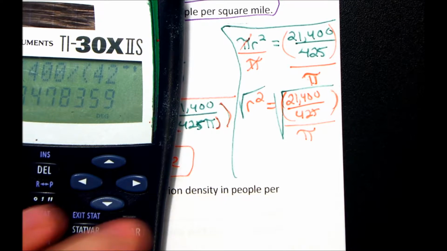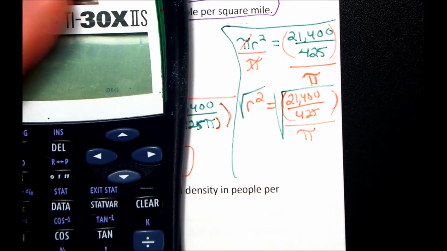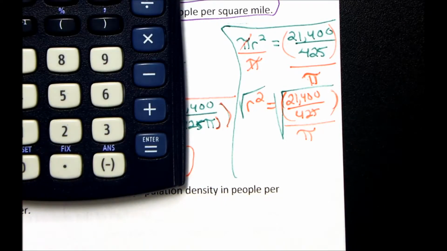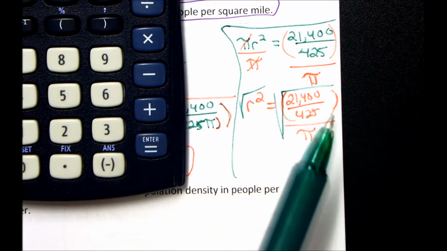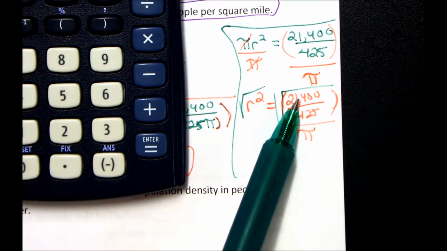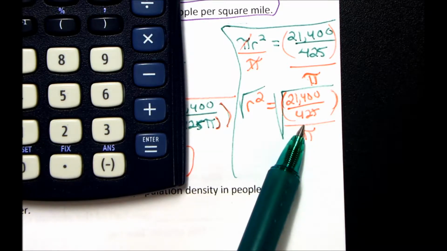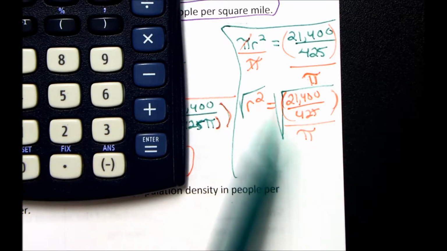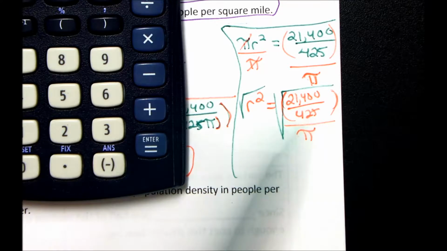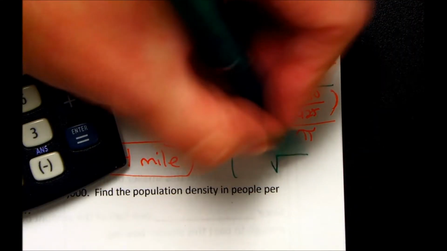There is a function on your calculator that's really important and very useful, and it's the ANS button, which means your previous answer. So I'm going to take the 21,400 divided by 425 and then divide that by pi. I'm going to hold it in the calculator, and then I'm going to take the square root of whatever that previous answer was.